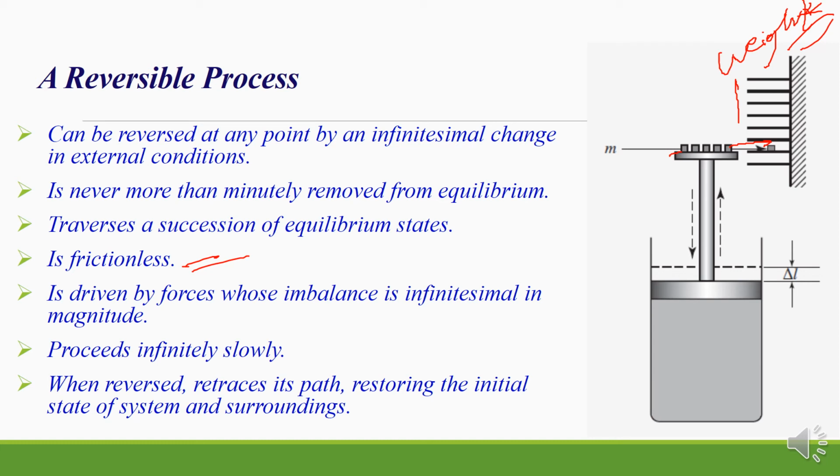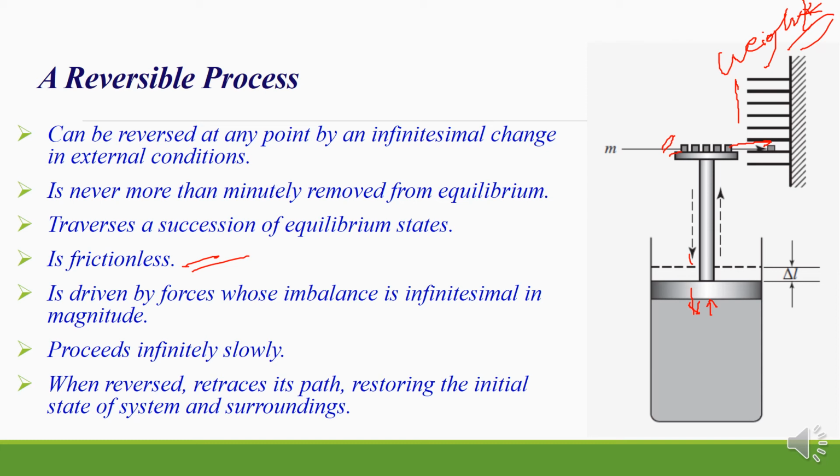Then the inside pressure will act on this piston and it will move up, but it will go up to a certain limit, and then because of the weight already present here, it will move down again. So up and down, oscillations will start, and finally it will balance at a particular value.